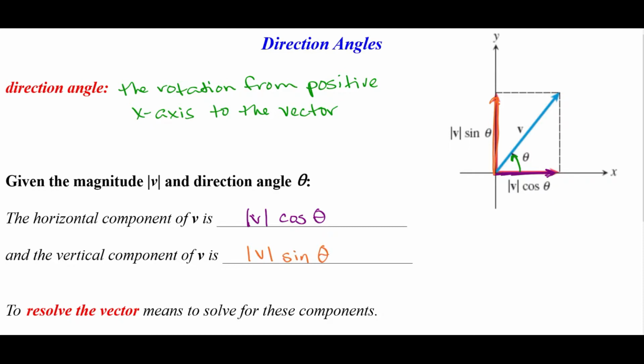Using our trigonometry from chapters 4 and 5, cosine is the horizontal component, sine is the vertical component. If you're asked to resolve a vector, it means you want to find these two components and write it in component form. So the component form would be magnitude of v cosine of theta, and then magnitude of v sine of theta.